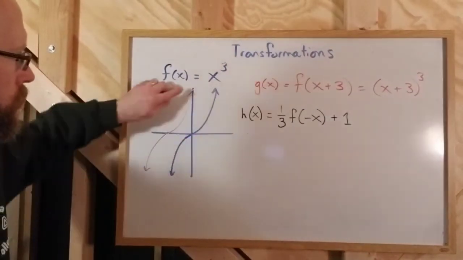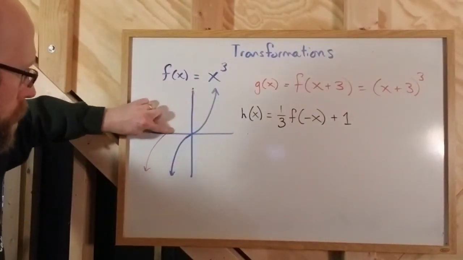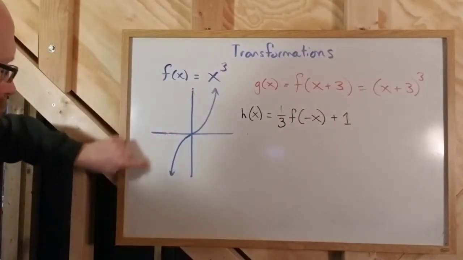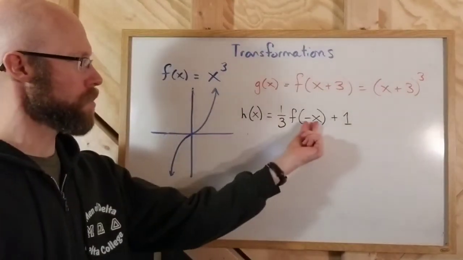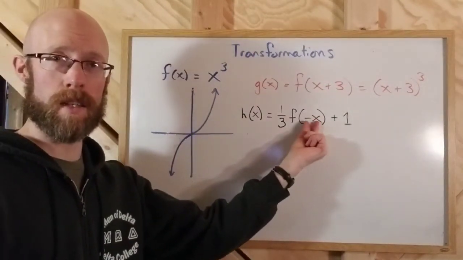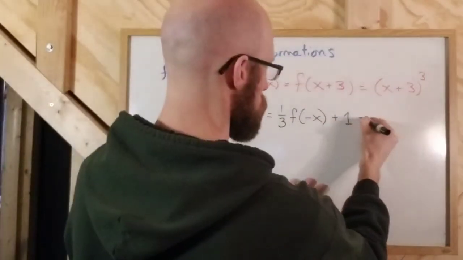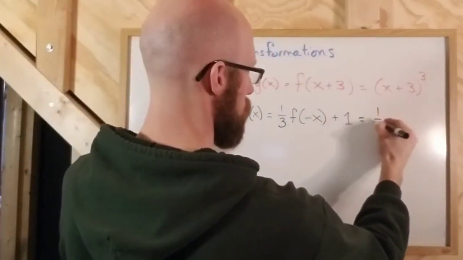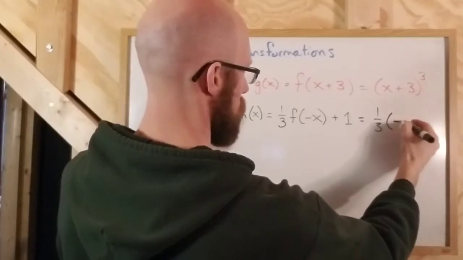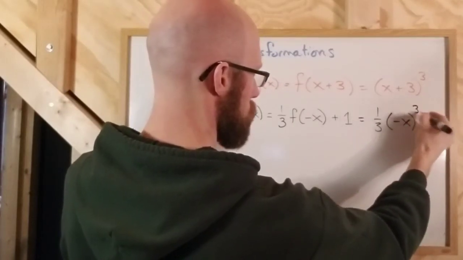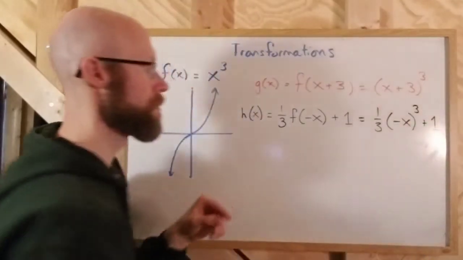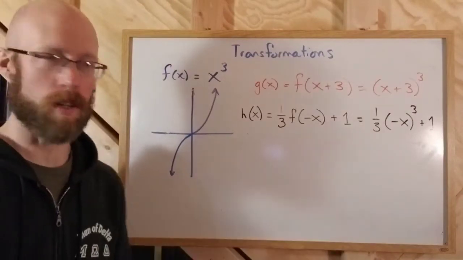Okay, so here, let's get rid of the red graph. Here I would be reflecting the graph horizontally. That's what the negative on the x does. Oh, and I should probably write the actual function out. So it would be 1/3 quantity negative x cubed plus 1. Okay, that would be my function.